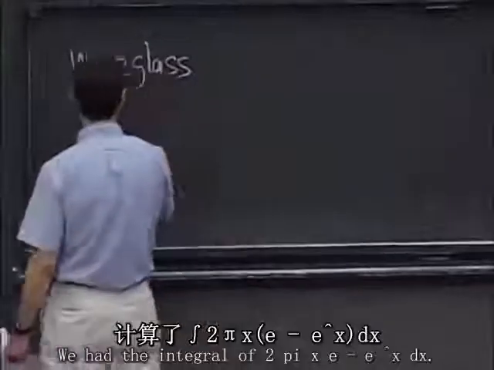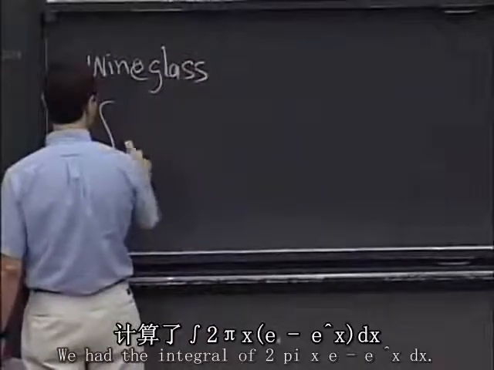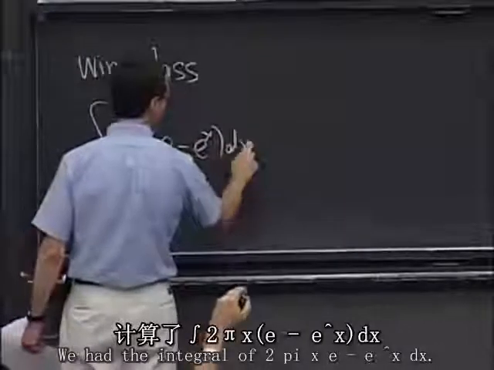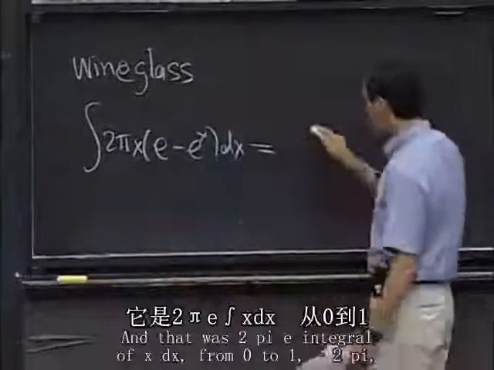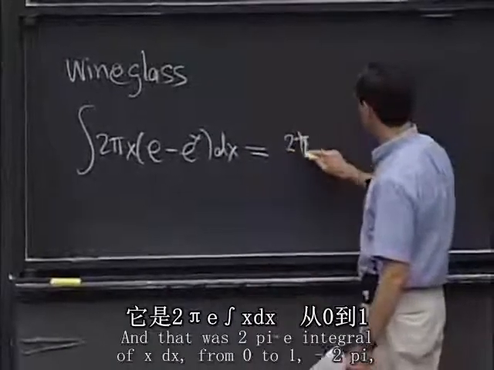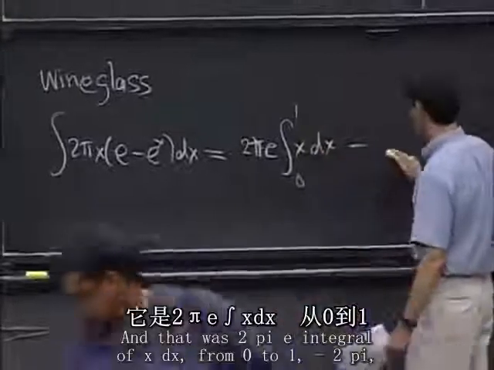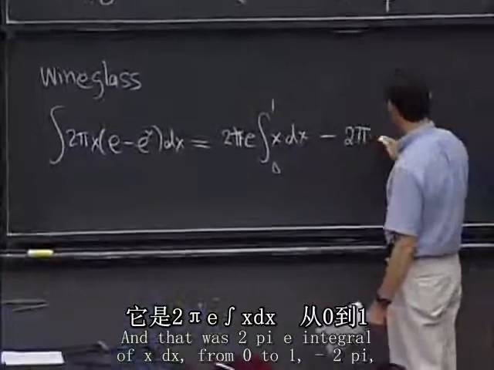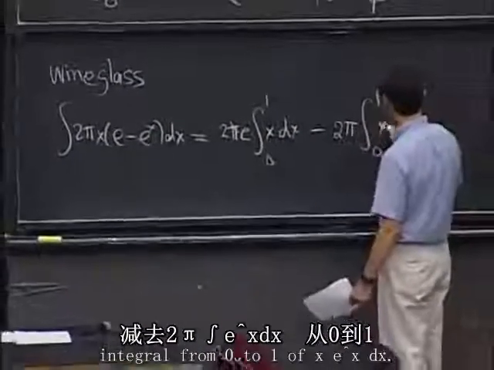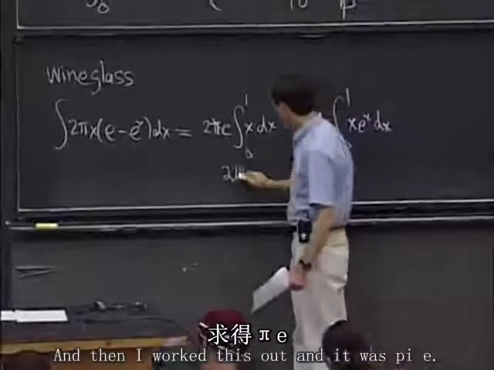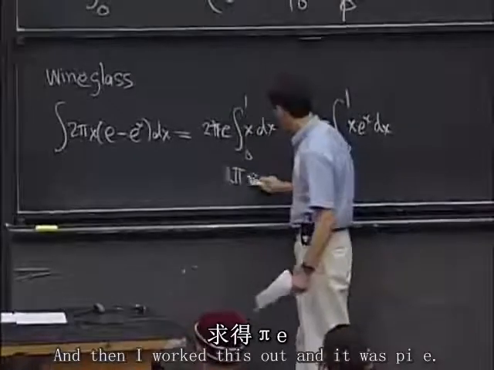We had the integral of 2 pi x times e minus e to the x dx, and that was 2 pi e integral of x dx from 0 to 1 minus 2 pi integral from 0 to 1 of x e to the x dx. And then I worked this out, and it was pi e.